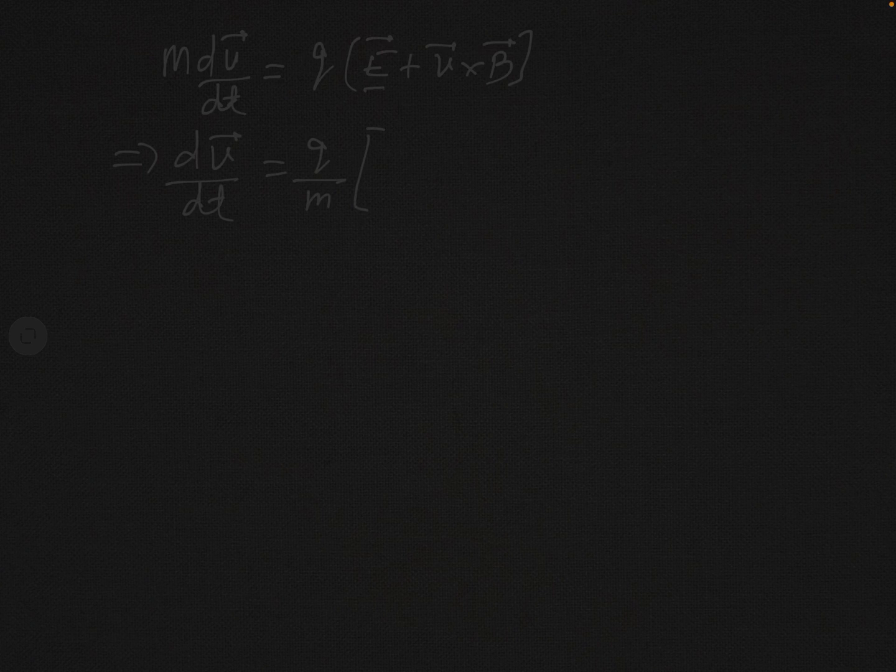You know this vector E, in accordance with our assumption, is in the xz plane, so this is Ex i plus Ez k, and plus v cross B. Now you can write the expression for v in terms of its components as Vx i plus Vy j plus Vz k, and cross B. Since B is B k, this will be B k.